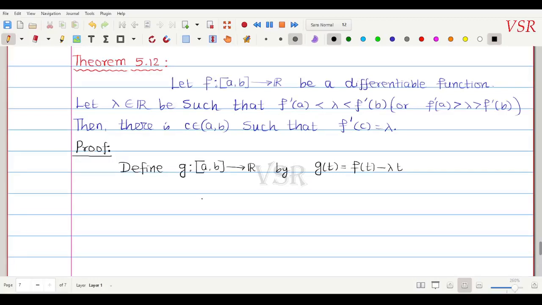Then we know how to calculate g dash of t, and note that this is a differentiable function. Then g is a differentiable function, since f is differentiable.